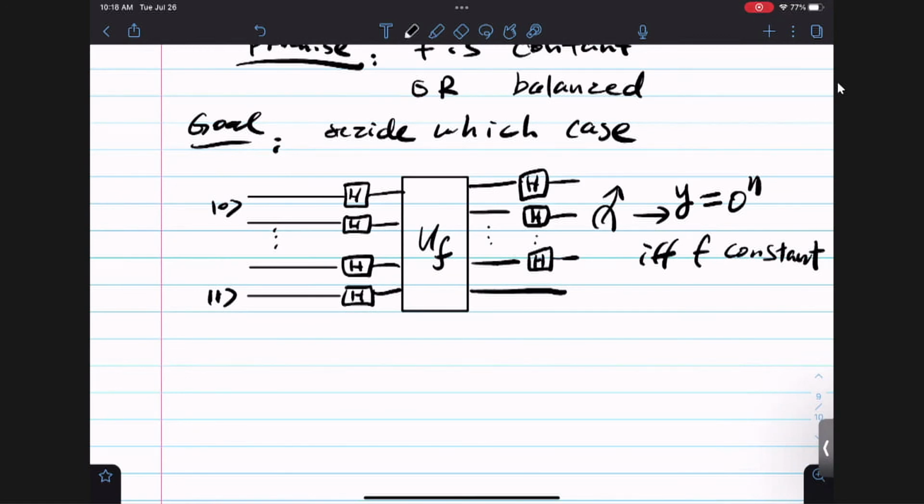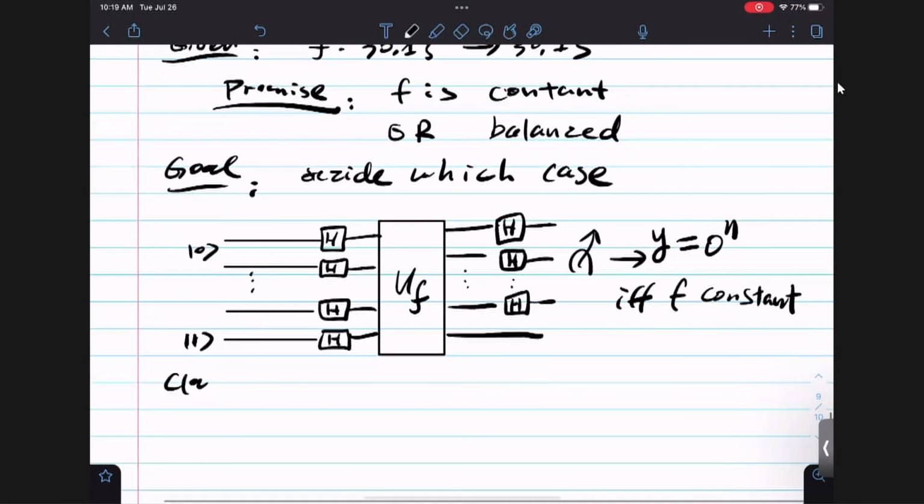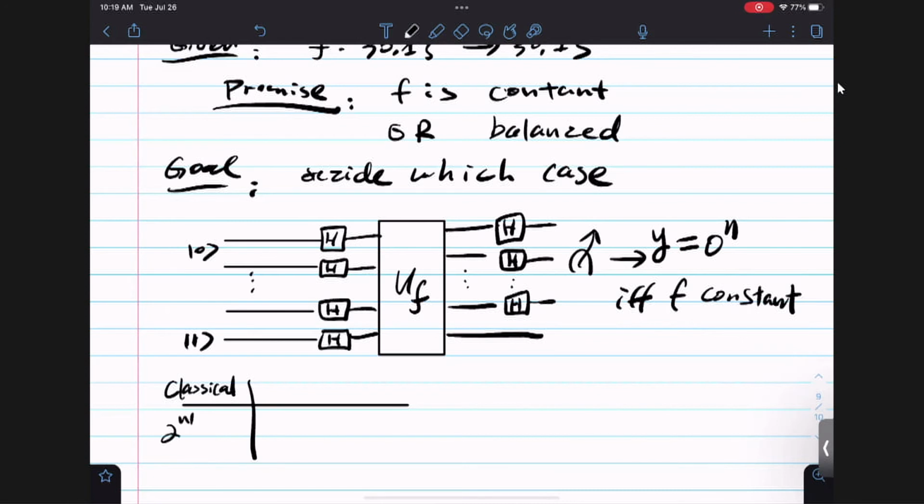Okay, so are we happy with this algorithm here? It shows classically you need 2 to the n over 2 queries. Maybe I can write it down. And quantum, you just need one query.